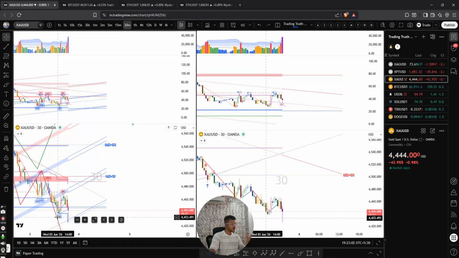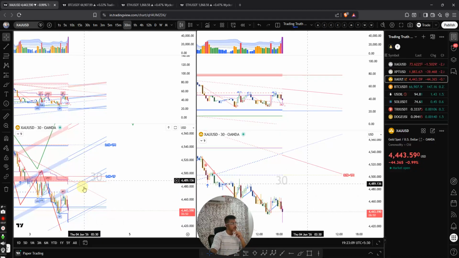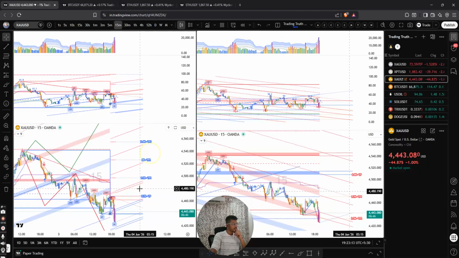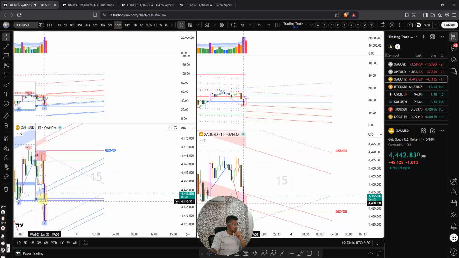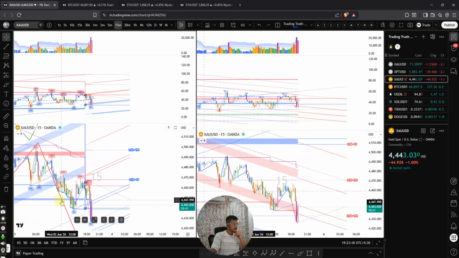That's why we must understand that the trend line is very important for trades to work properly. Okay. So yeah, now the wave is gonna get completed around here.